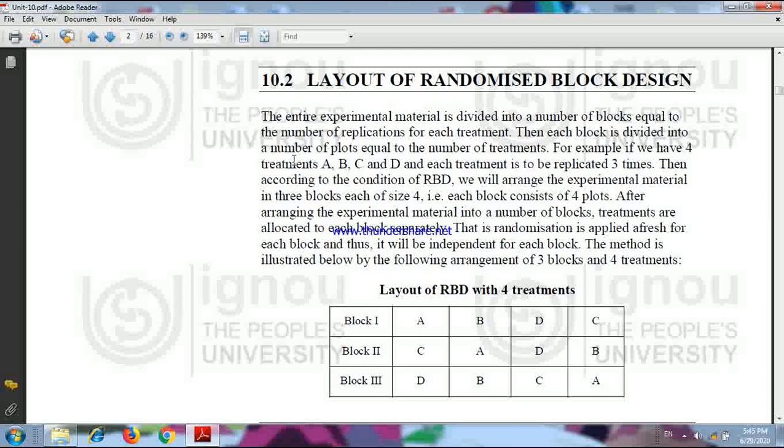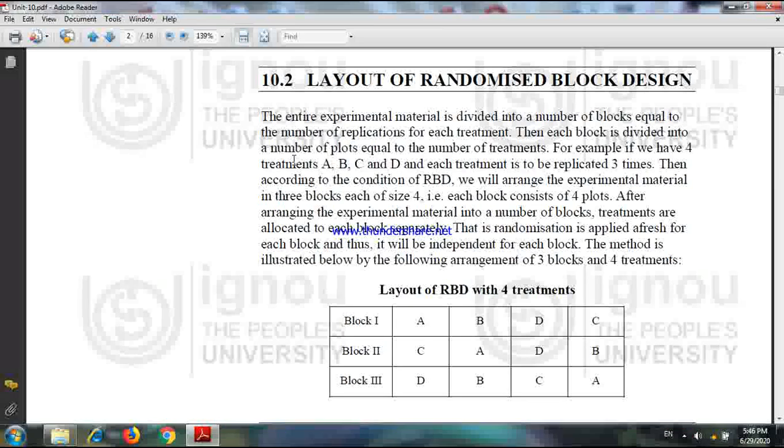But practically it's always not possible, because if we have a large experimental area, then it's obvious that there is a fertility gradient in one direction. Fertility gradient means a slope.